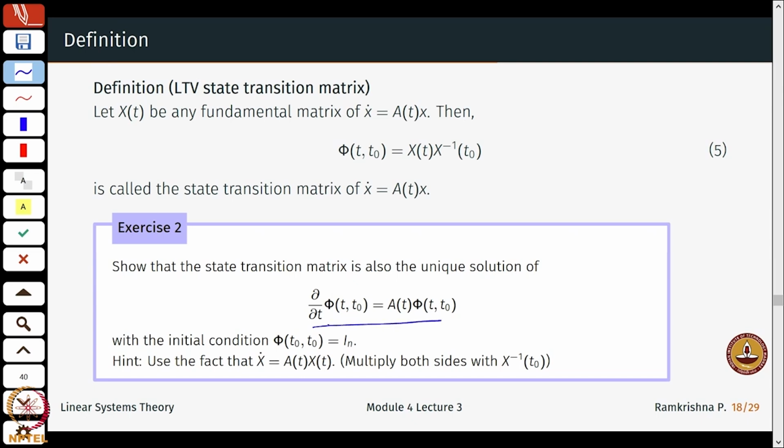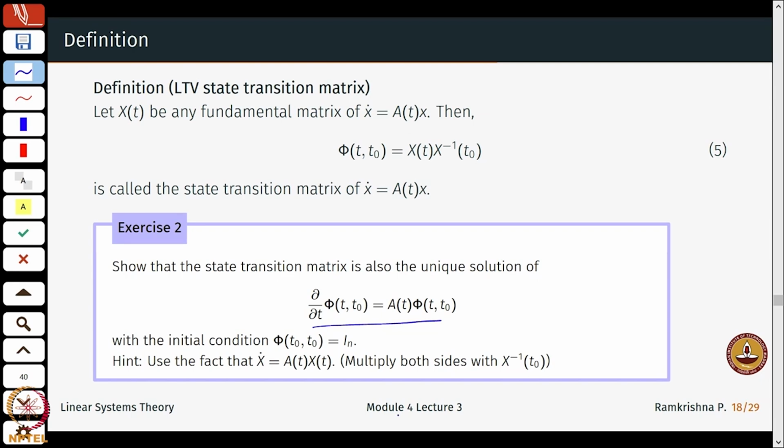In the previous lecture, we tried to verify how the state transition matrix is actually a solution to the matrix differential equation and also to the vector differential equation. Again, one is by checking the initial condition, and second, that the solution must satisfy the actual differential equation.